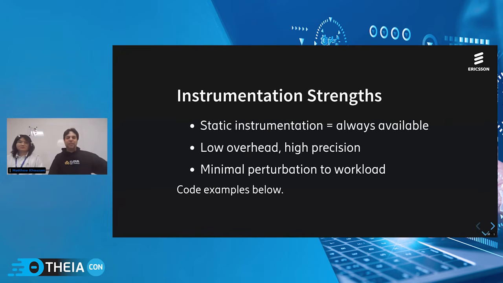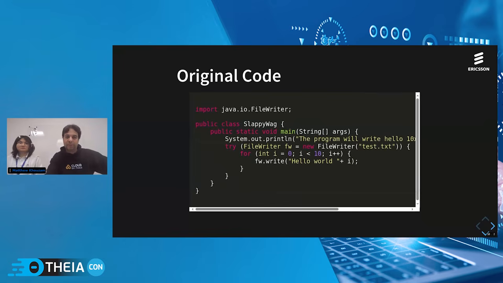So we did instrumentation on the server, and the static instrumentation is always available. It is a low overhead instrumentation, it's high precision, and the cool thing is that when it's disabled, it's basically if false, so there's minimal performance perturbation. Let's have some code examples. The original code is this.